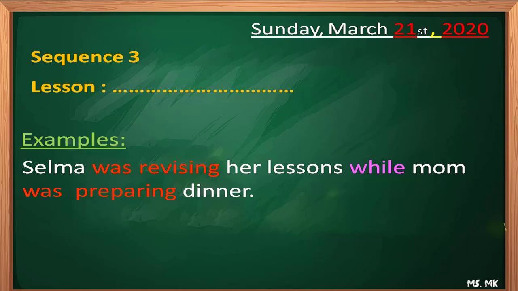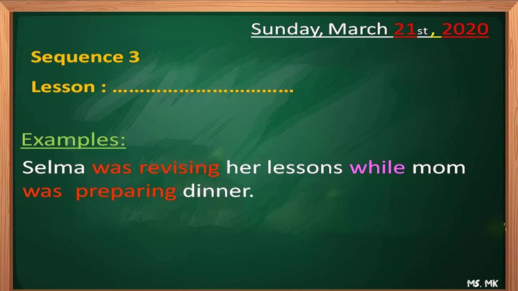These are keywords, 2 long actions which happened at the same time in the past. If I say 2 long actions, it means I'm using the continuous form. If I say they happened in the past, it means I'm using the past continuous. You have to focus on the keywords you employ. So then I write this sentence and then I say, I can use this connector at the beginning of the sentence. How can I use that?